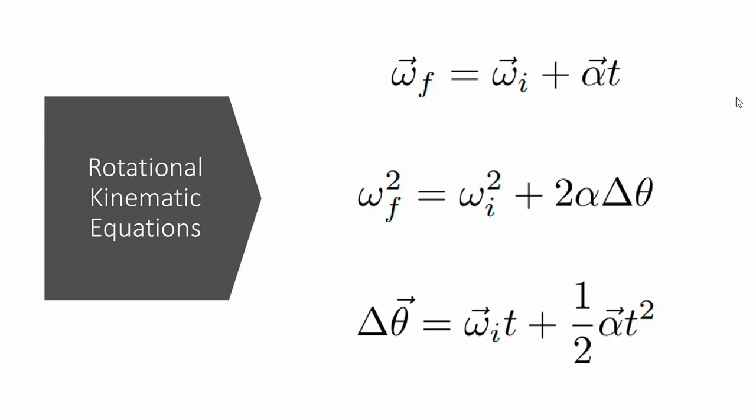And then the last one, the change in angle, is equal to the initial angular velocity times time plus 1/2 times the angular acceleration times the time squared. So these equations will let you know how fast something is spinning at some time in the future and how much it has rotated during some period of rotation.